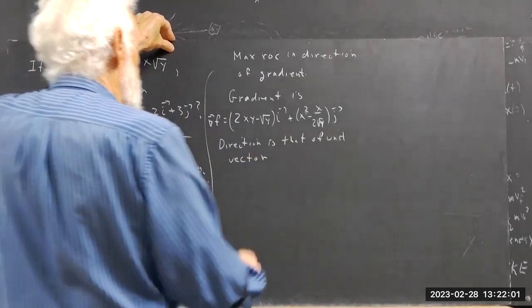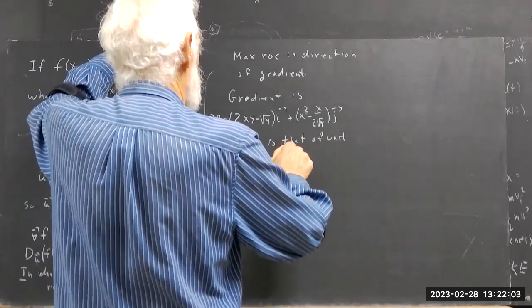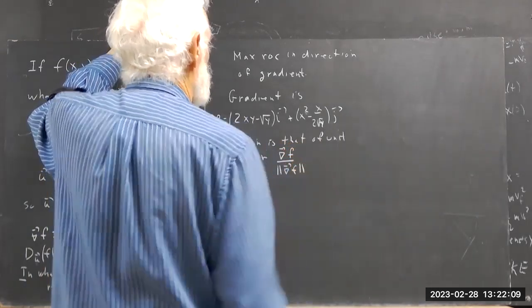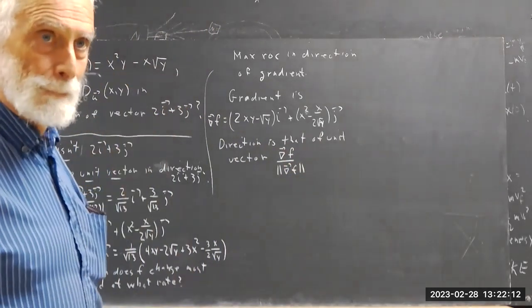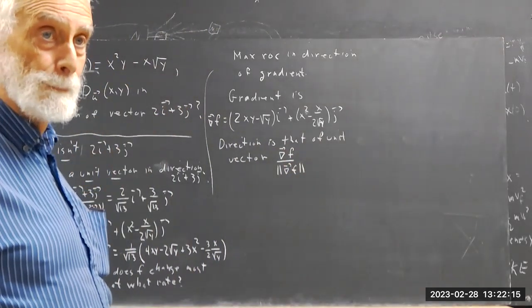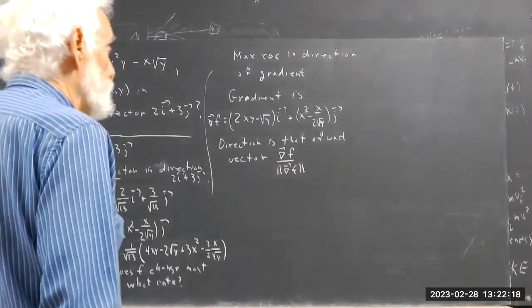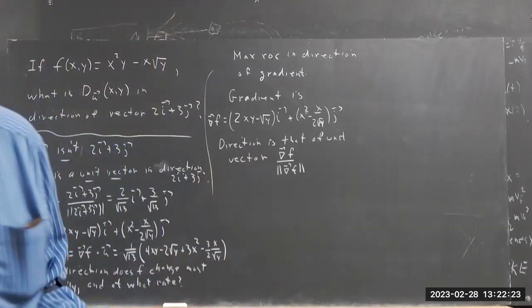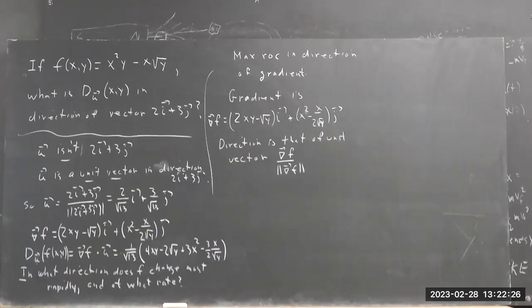The direction is the unit vector del F over magnitude of del F, right? So what's del F over magnitude of del F? Just write down the expression. It's somewhat long, it's complicated, but you can write it down.